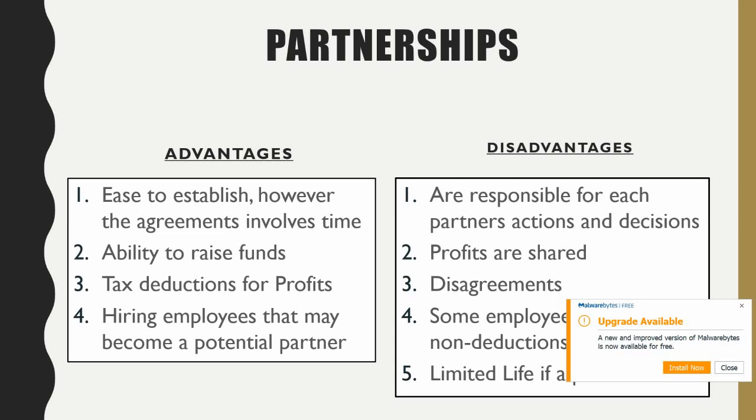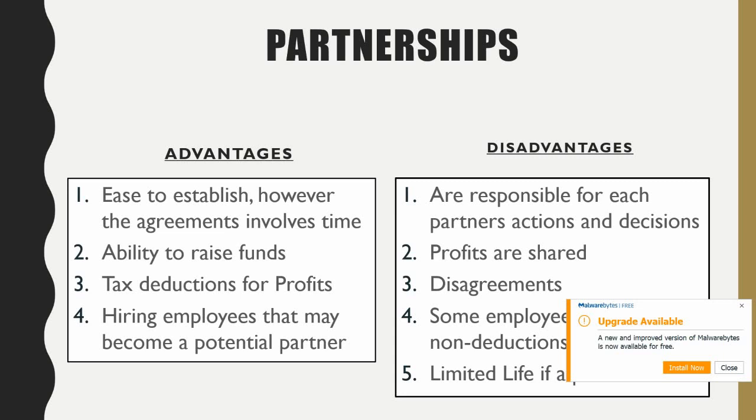So if your partner decides to be shady to you, and they're making executive decisions without you knowing, you can go ahead and revoke that decision. I forgot what the word is called, but it is where a partner does things behind the other partner's back without them acknowledging it, and therefore the decision can be revoked. Okay.